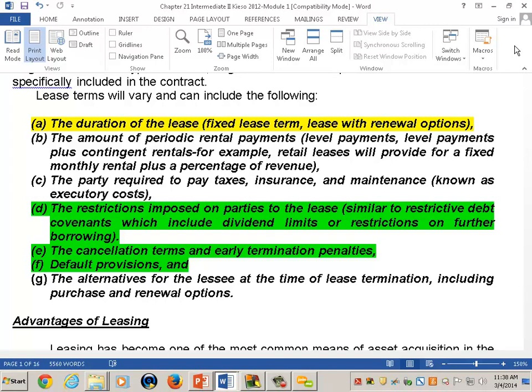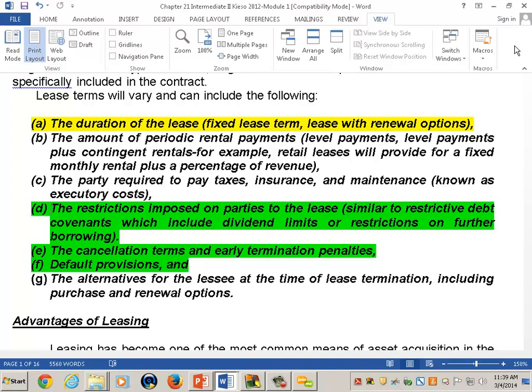And finally, other options at termination. Is there a renewal option? Is there a purchase option? You could have a purchase option, and again, we have to assess whether the purchase option is a bargain purchase option or a fair value purchase option. On the day you sign the lease, the question is, can I buy the asset at the end of the lease?